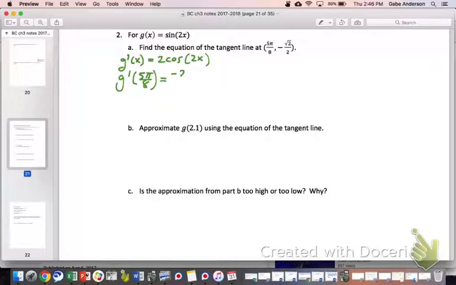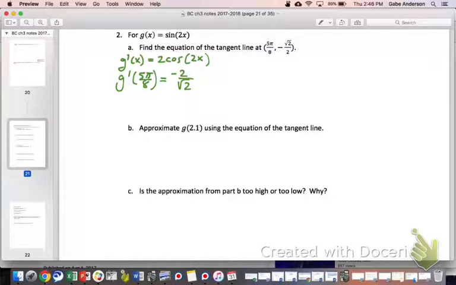Did you guys get negative 2 over root 2 for the slope of the tangent line? Make sense? Yes. Okay.